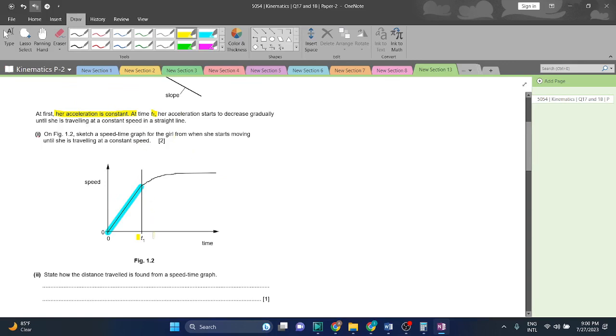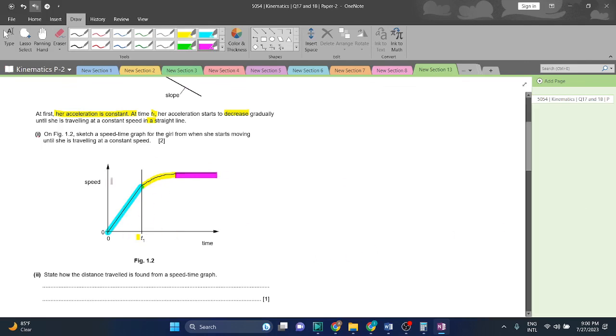उसके बाद at time t1 her acceleration starts to decrease gradually until she is traveling at a constant speed in a straight line. तो ये इसकी acceleration decrease हो रही है, right? और उसके बाद वो आ गई है एक constant speed पे, which is from here to here. ठीक है ना?